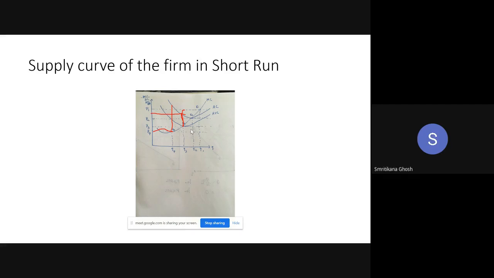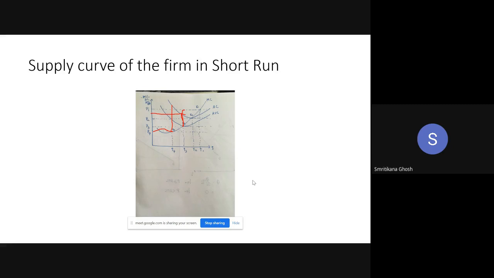Now E3 is the point of change. That is why the point E3 is called the shutdown point. That point E3, that means the minimum of AVC, is called the shutdown point, because if the price is below P3, you should shut down your factory.